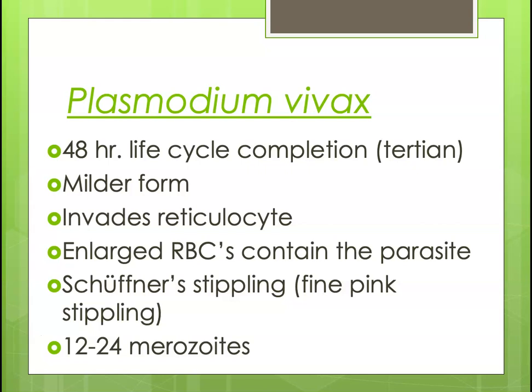And this is one of the ways we speciate the different Plasmodiums in the lab. Sometimes all the trophozoite forms look the same, and if we don't see any unique characteristics in the micro or macro gametocytes, sometimes the only way is to count the merozoites inside each schizont to be able to tell which one it is.